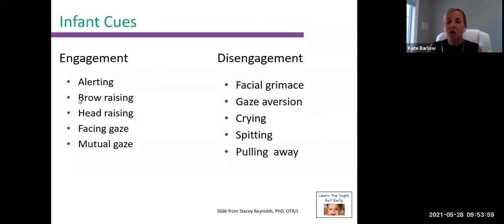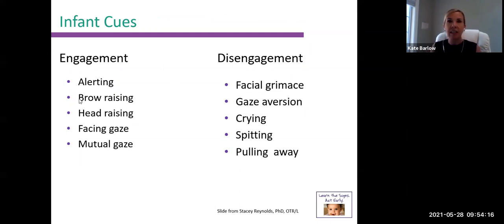We also want to be able to observe how the infant responds to the caregiver. And so here are some terms that we'll often use. So for infant engagement, the infant might be alerting, they might have brow raising, head raising, facial gazing, mutual gaze.